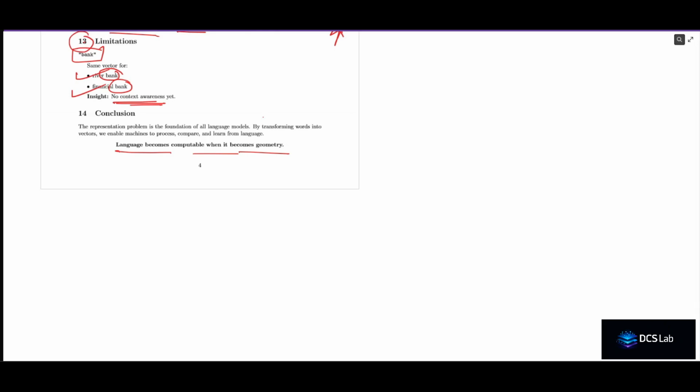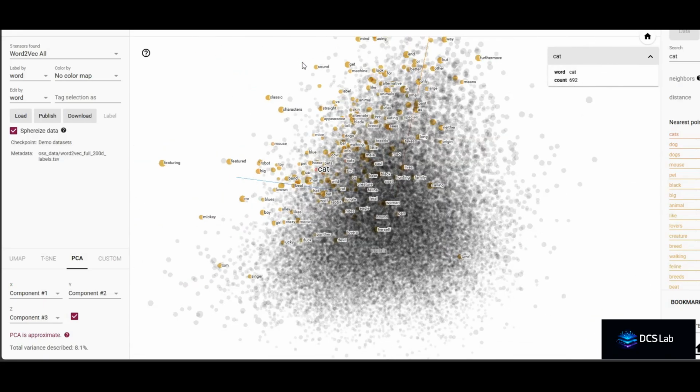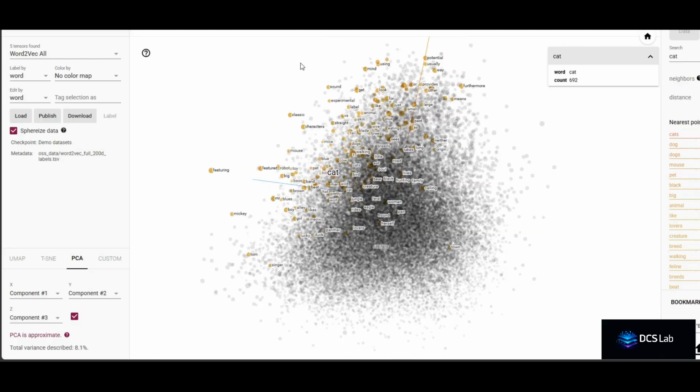Now, this becomes interesting if I just take you through this particular web application. If you see, this is an embedding projector by projector.tensorflow.org. Now here they have around 71,291 points. You can say that this is the vocabulary size, and see how the words are visualized in the vector space. If I type a word cat and set the number of neighbors to, suppose, 5, and then we just see how it looks.